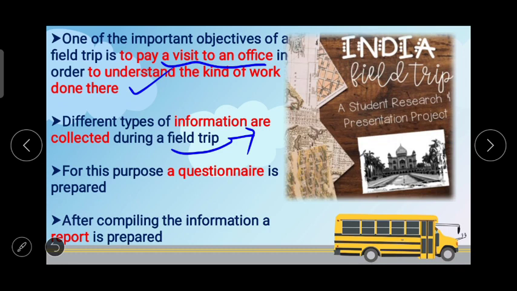So, just try to understand the steps related with the field trip. First, you have to select your topic, then think about your place and the duration, then the questionnaire. After the questionnaire, you will get the answers to your questions, and then after visiting the place you have to write a report.